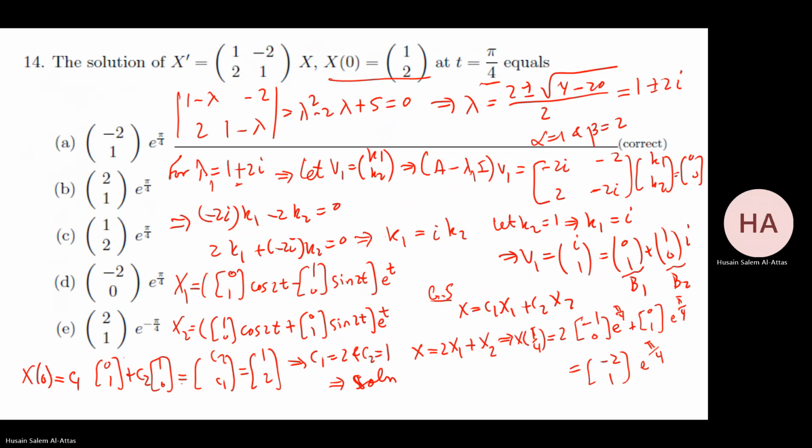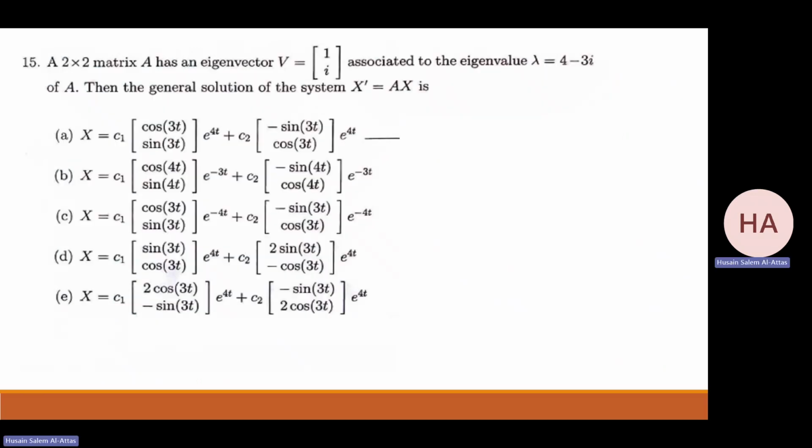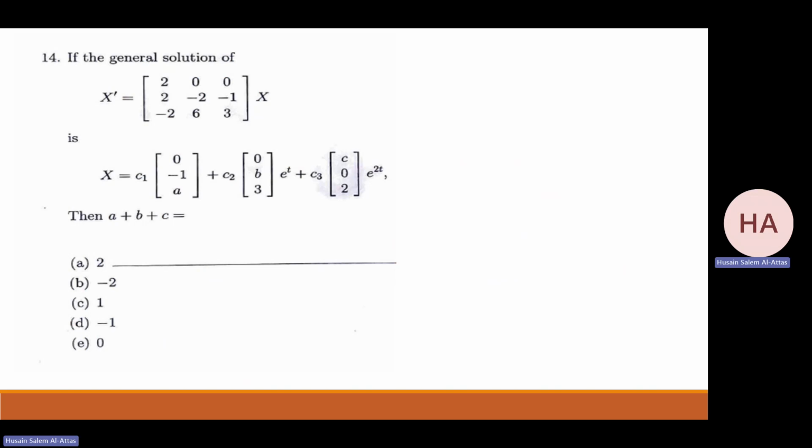Which is this one. By the way, this is open. So this is the same thing. It happens in different terms. Okay. Now this one, he gave me, this is e to the power 0.